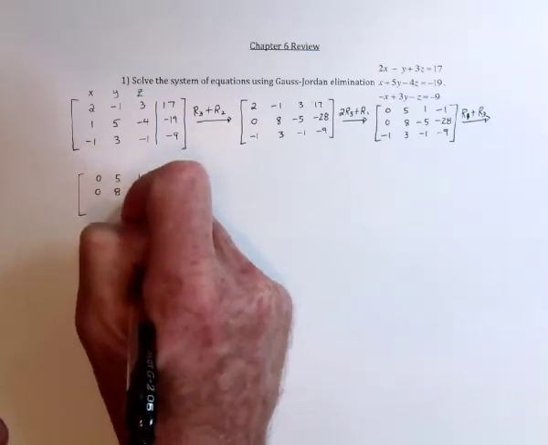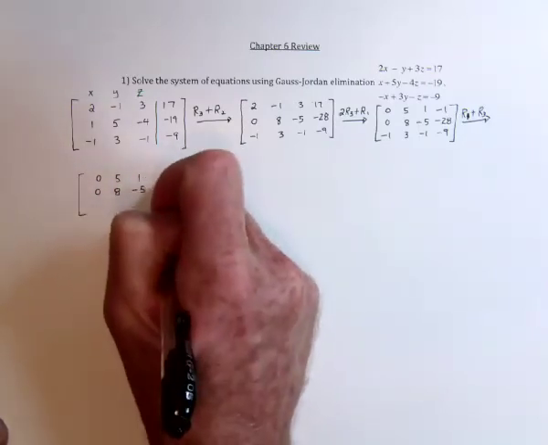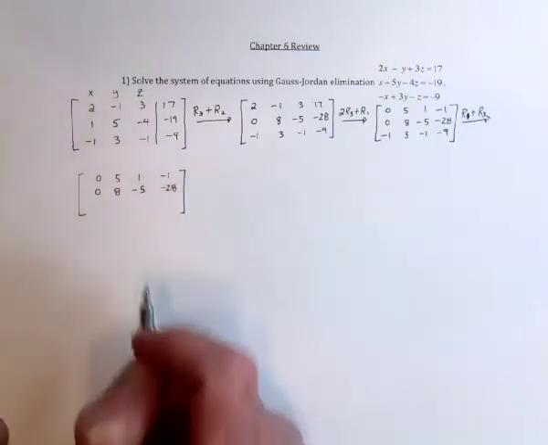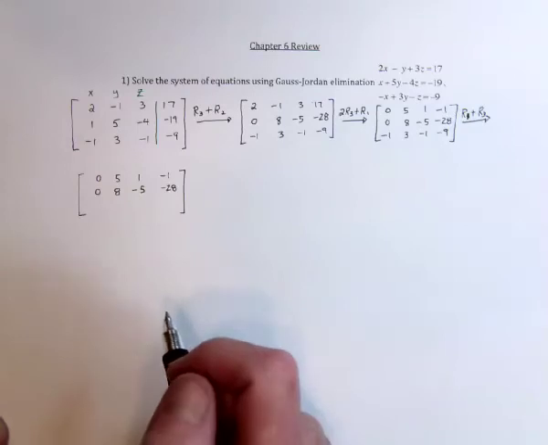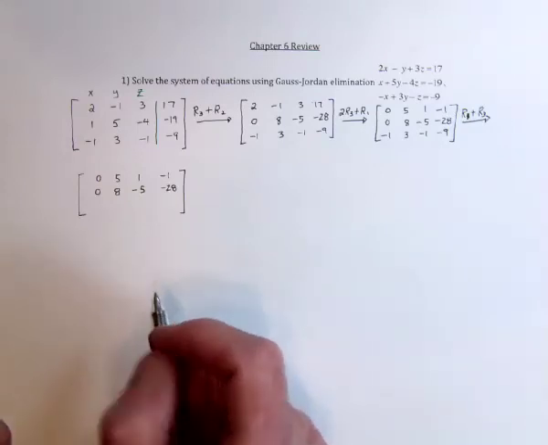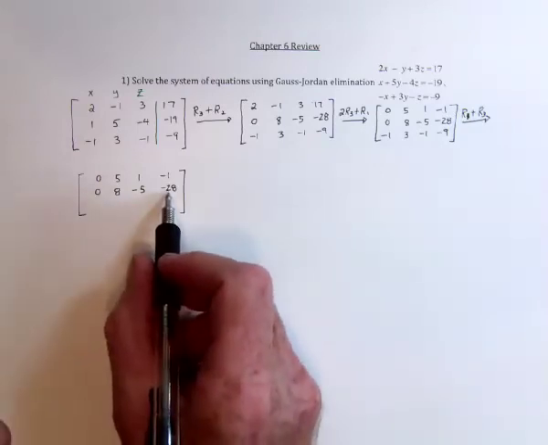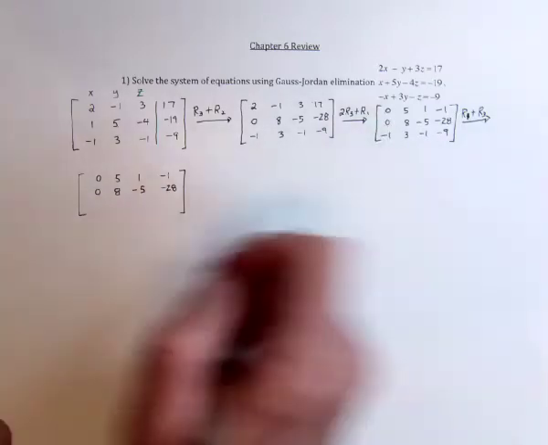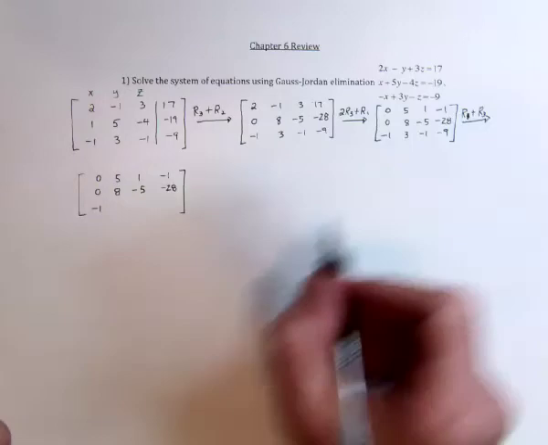Make sure you copy the numbers carefully as you go from one step to the next, because it's very frustrating to go through this process and at the end you realize that you accidentally wrote down a 38 instead of a 28. Okay, so this gets added to that, it doesn't change the -1.